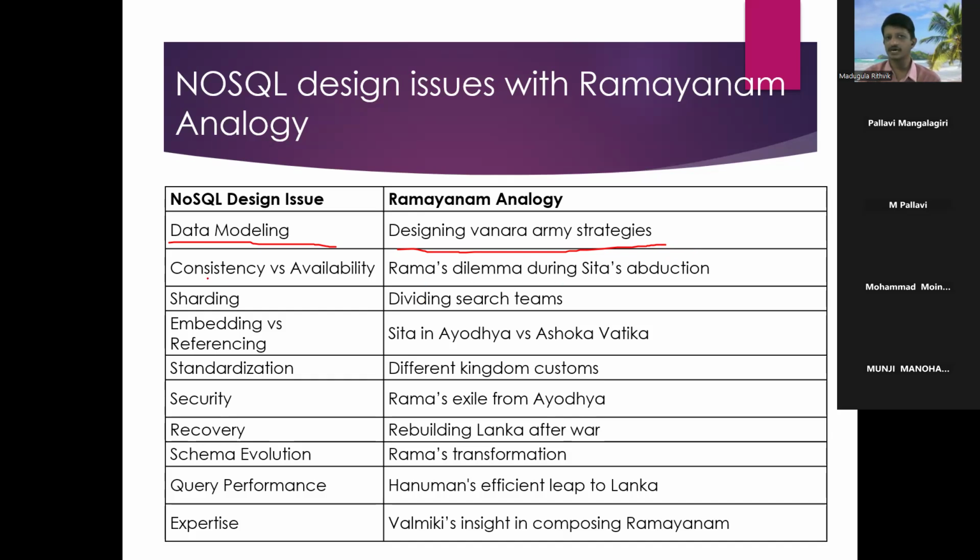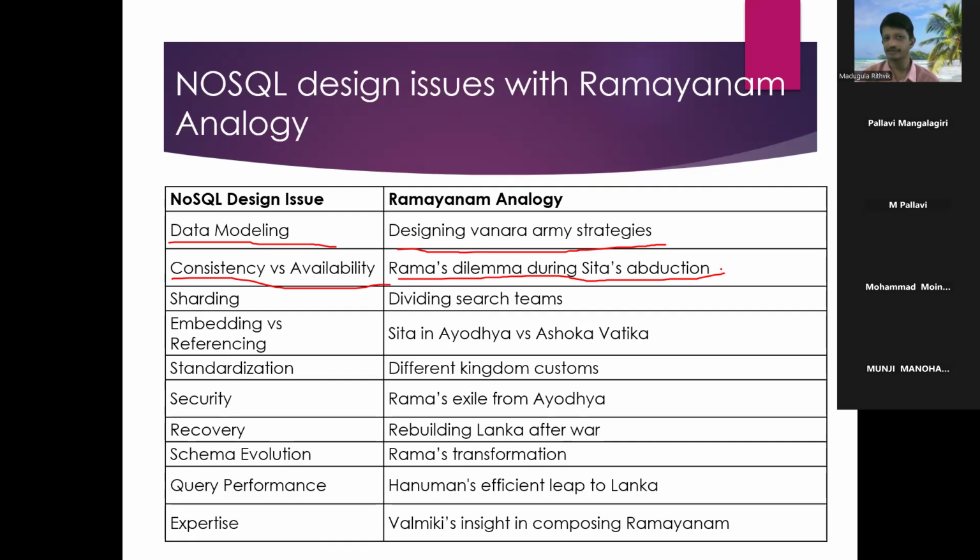The second thing is consistency versus availability. As I said, we do not have all three properties at one instance of time. We can have one sort of consistency, and we can have one sort of availability. Before Rama goes to capture, he left Sita ahead, and when he came across the lady, Sita got addicted, and was captured by Ravana.